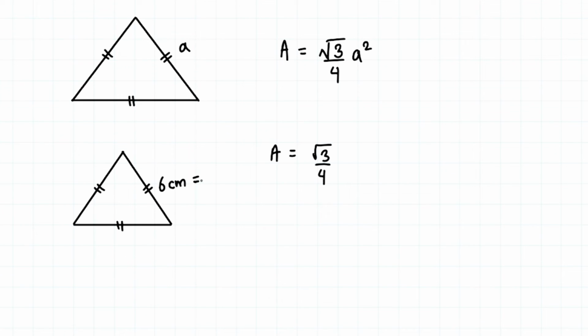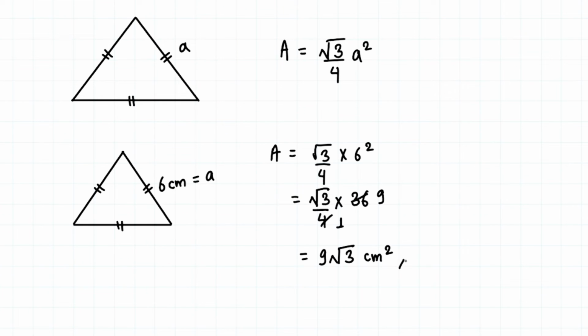Here our A is 6, so we can just write that as 6 square, which is equal to root 3 divided by 4, 6 square is 36. 4 times 1 is 4, 4 times 9 is 36. And we have our area as 9 root 3 centimeter square. And done. So in this way, we can easily find the area of the equilateral triangle.